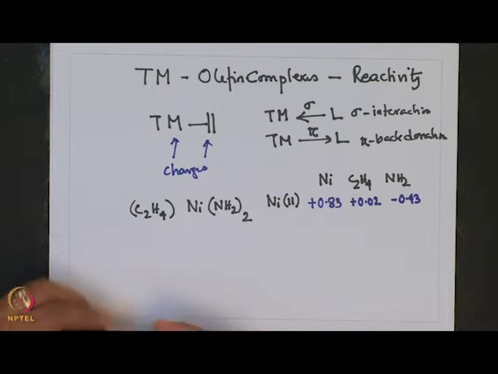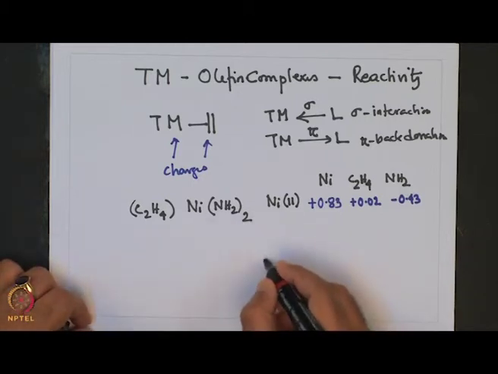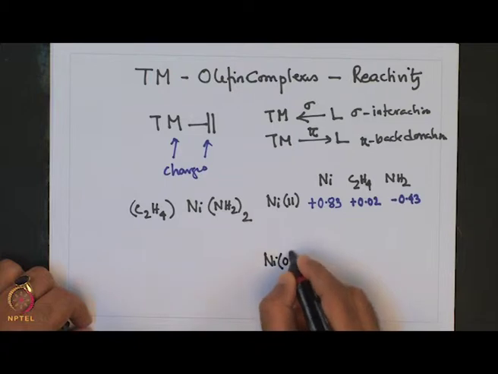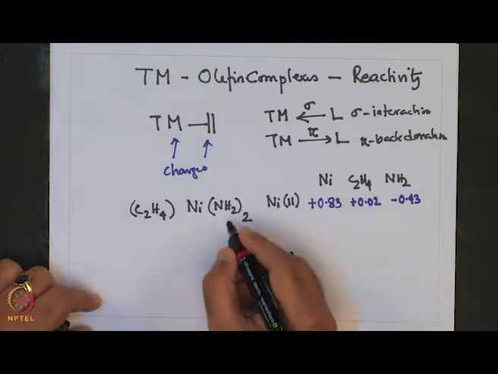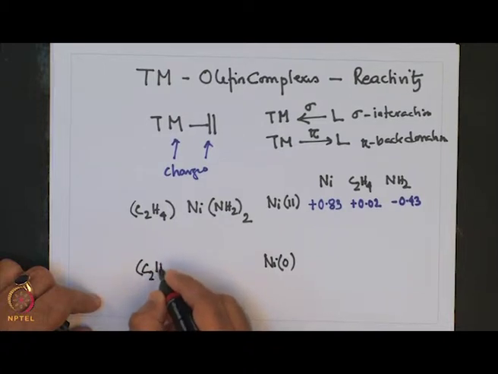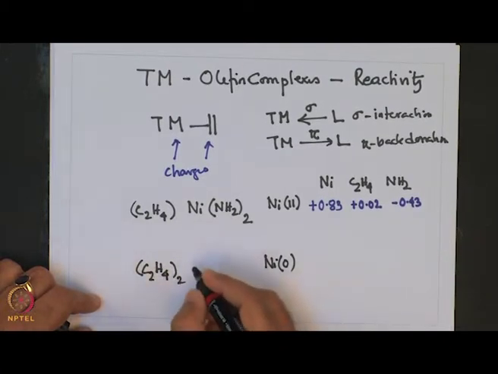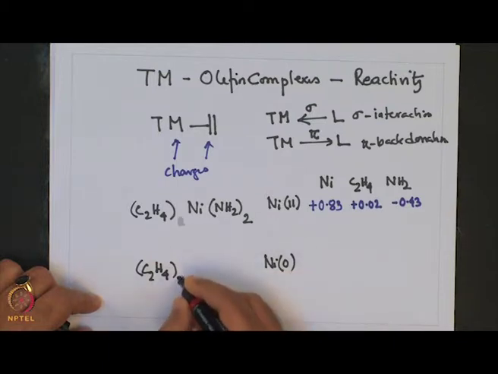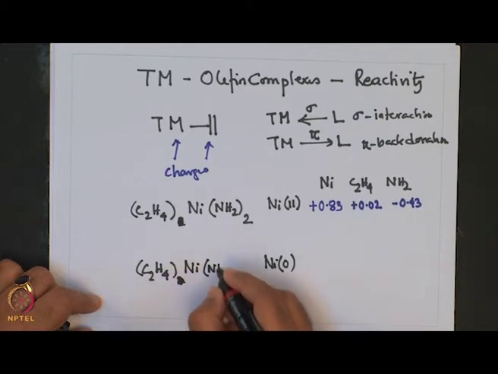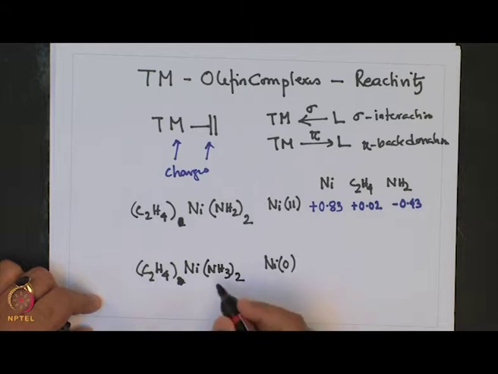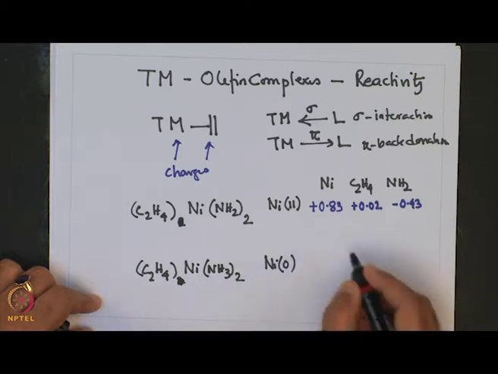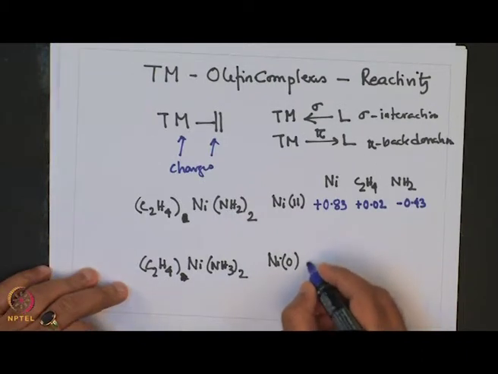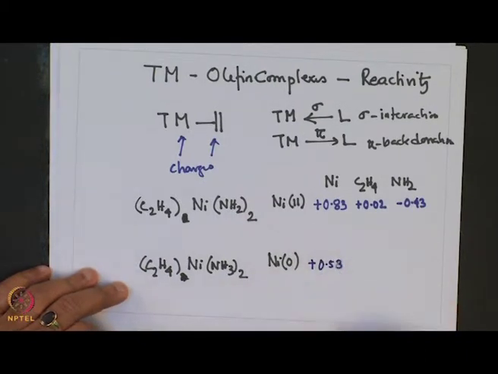So, now if one goes from a nickel 2 complex to a nickel 0 complex, for example, instead of bis amido, if there is bis alkene, bis amine, Ni(C2H4)2(NH3)2, so now there are 2 ammonia instead of 2 amido, then the charge on the nickel, this is a nickel 0 complex, the charge on the nickel is plus 0.58.